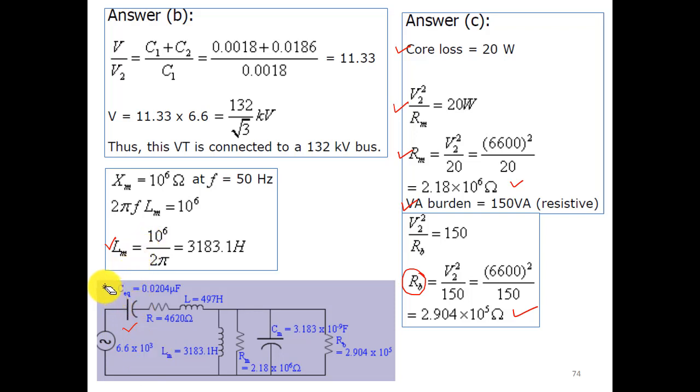The C equivalent we already know, C1 plus C2, L we calculated, and the resistance of L is this 4620. This resistance was not the resistance of the winding alone; it in fact includes everything, the primary side resistance and the resistance of the inductor. So Lm is 3183 Henry, and Rm is 2.18 into 10 to the power 6; we already found Cm, and we found RB. So by drawing the equivalent circuit, we found this is the equivalent circuit.